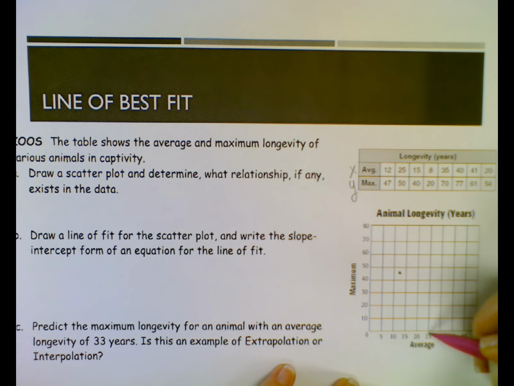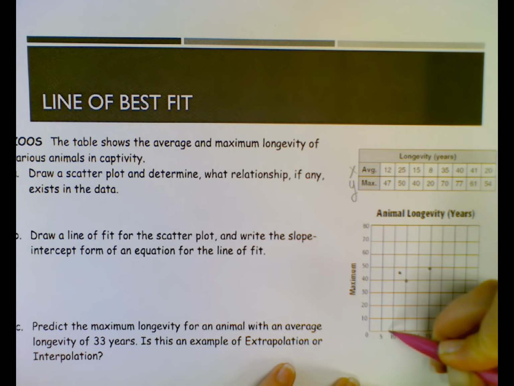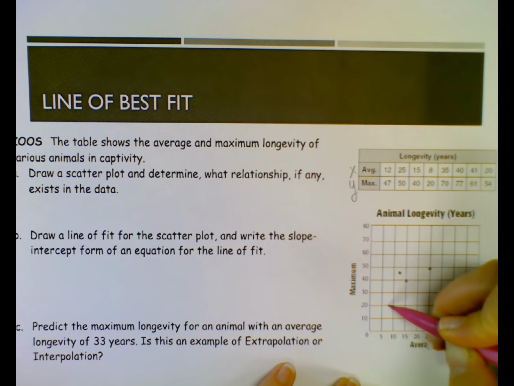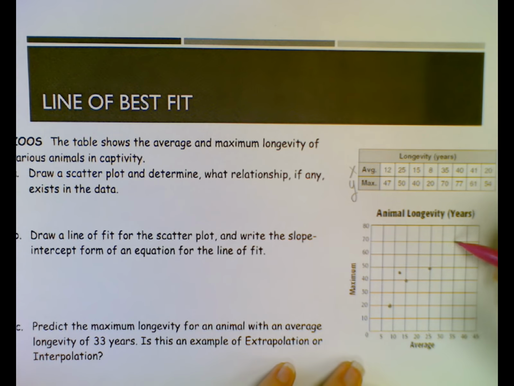And then 25 and 50, 15 and 40, 8 and 20, 35 and 70, 40 and 77, 41 and 61, just go about there, and then 20 and 54.